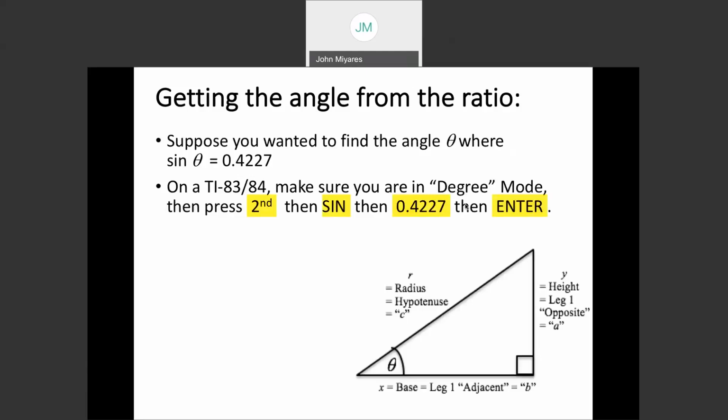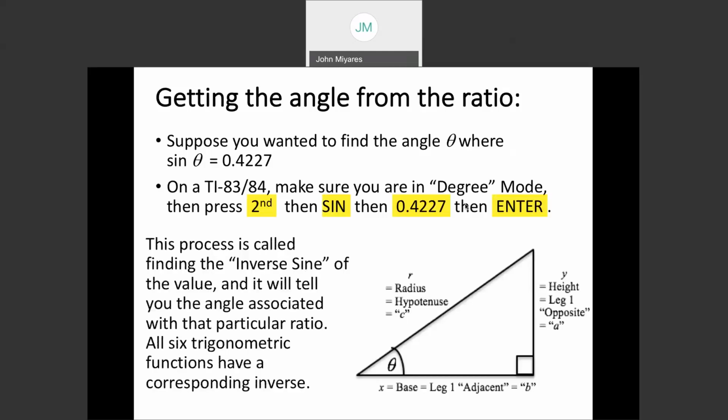On a TI-83 or a TI-84, make sure you're in degree mode like I showed you before. Then we'll press the second function button, then the sine button, and then the decimal 0.4227. You can close the parentheses if you want, but you don't have to for a problem like this. And then we can hit enter.